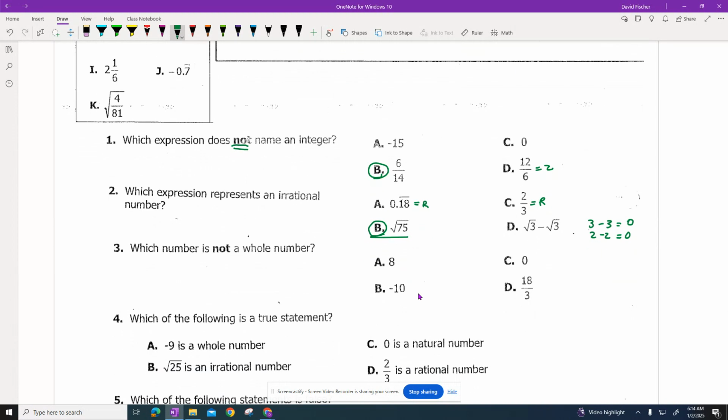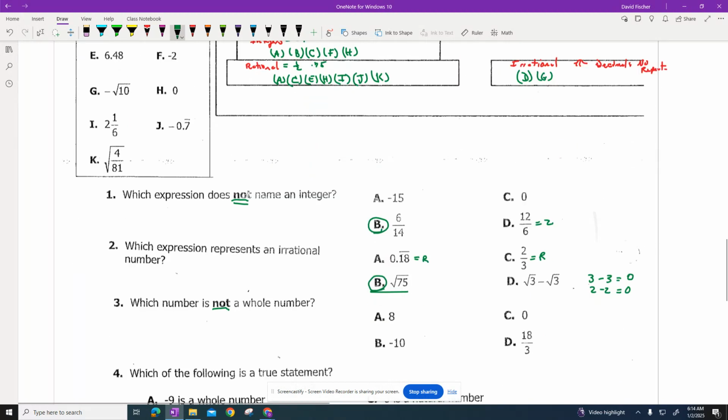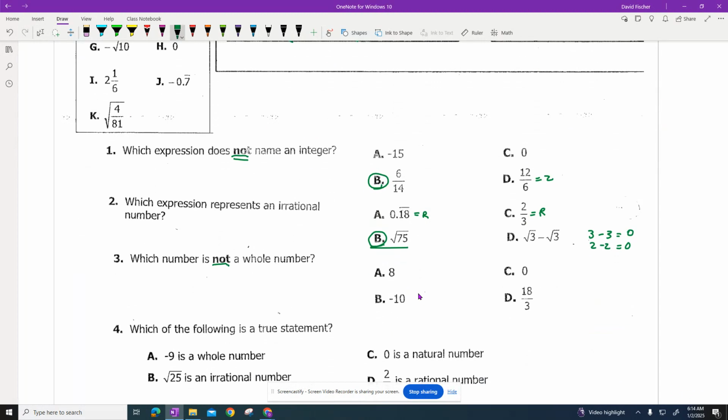We go back to that "not," and they made it bold, I'm sorry. Which number is not a whole number? If you remember back to our pie, whole numbers are right here starting with 0. So if it's a negative number or any decimal or fraction, then we're on this side here. I'm looking for something that is not a whole number.